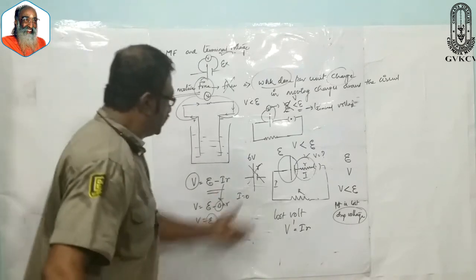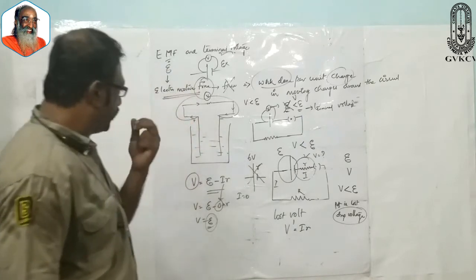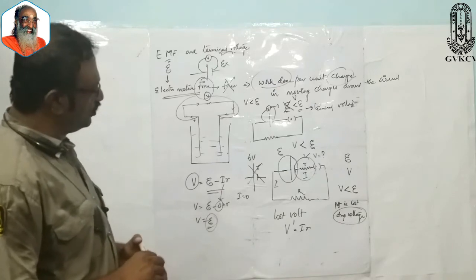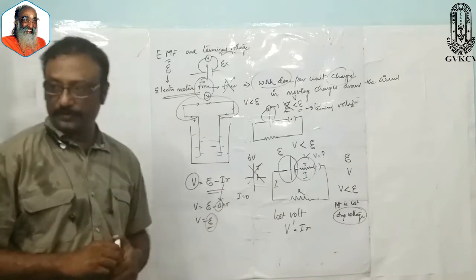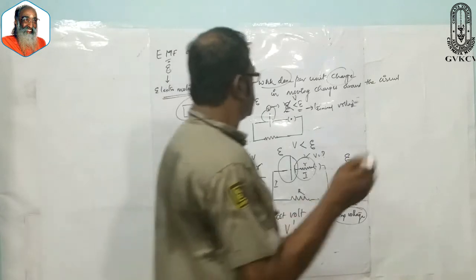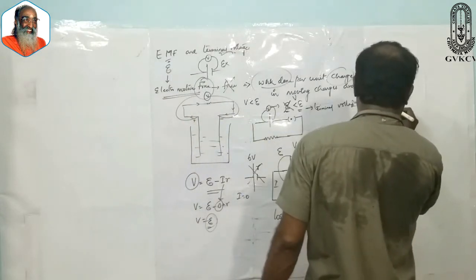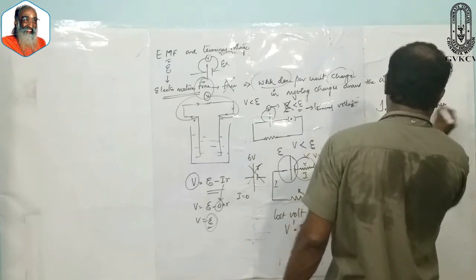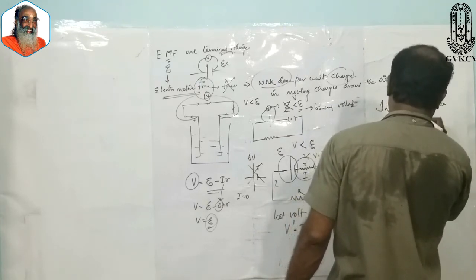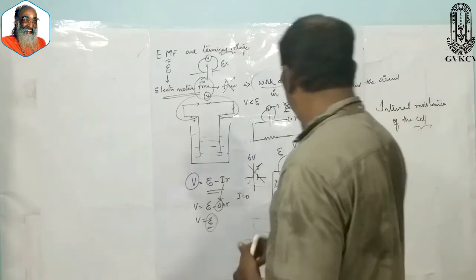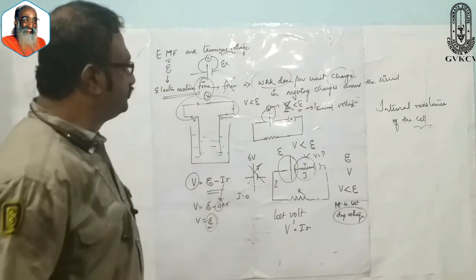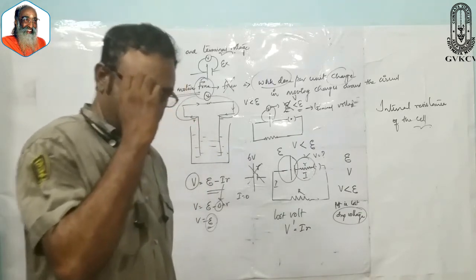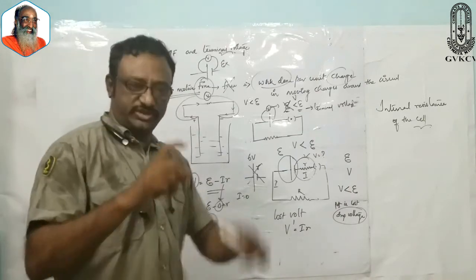And coming to the internal resistance of the cell. Already we had a small discussion regarding this. Just consider a cell or a battery and break it open and see. There you might see some chemicals and a graphite rod or a zinc plate, and all these things you can see in the dry cell.